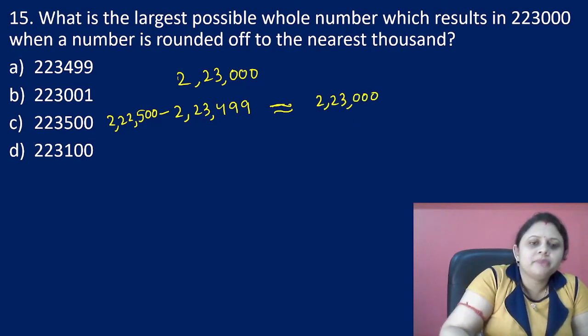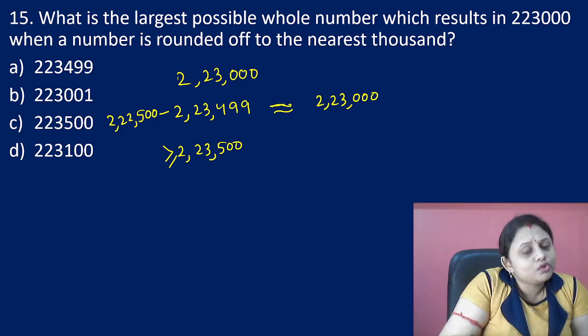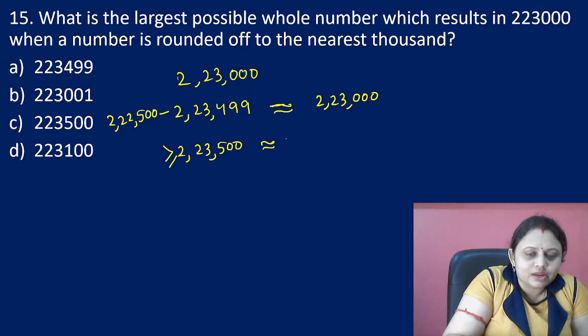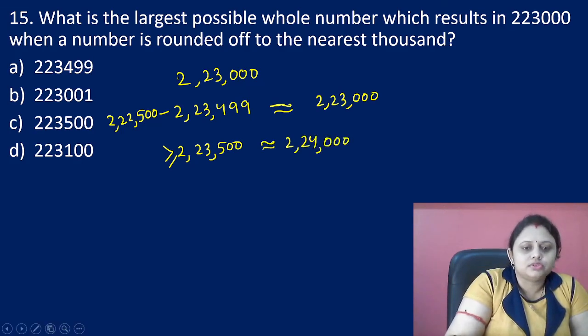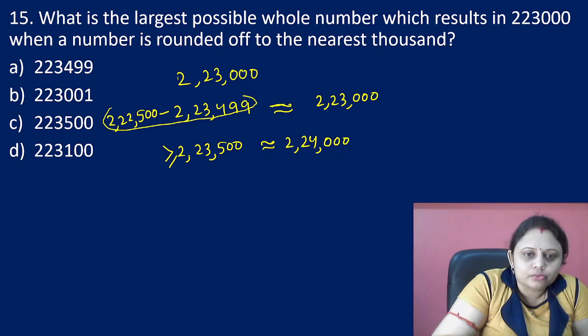If a number is 2,23,500 or greater than it, then its value to the nearest thousand will be 2,24,000. So for this the value should be in this range.